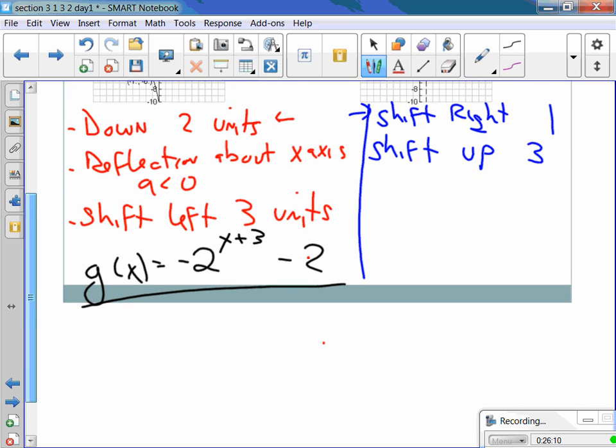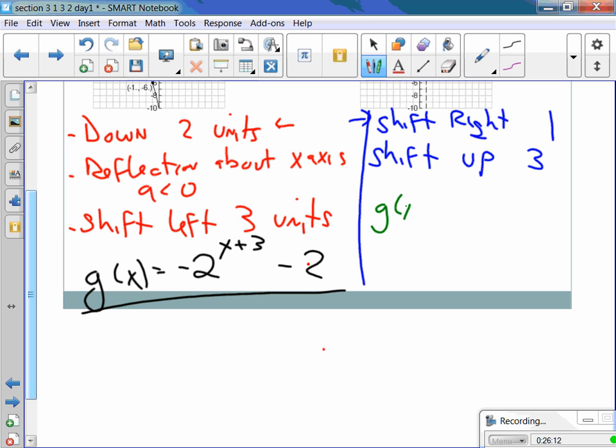I'm sorry. Log of x. Log of parentheses or no parentheses? Yes. Absolutely. We come up with our g of x equals log of x minus 1 plus 3. Questions?